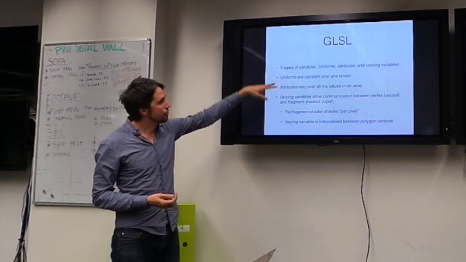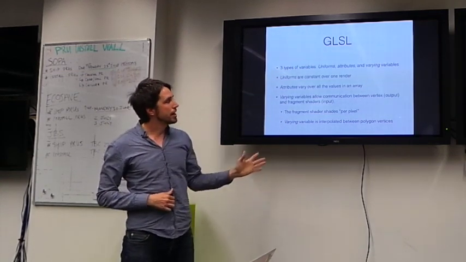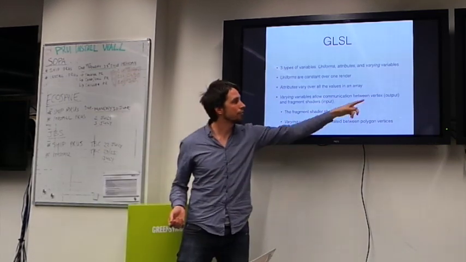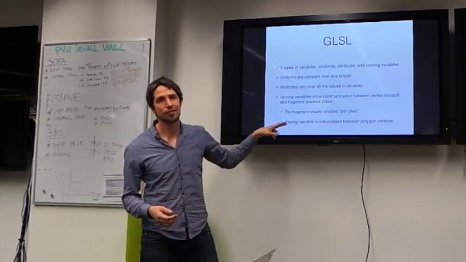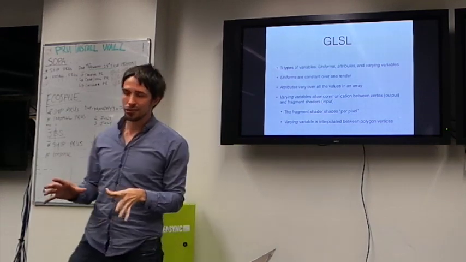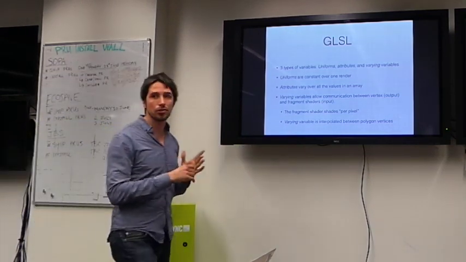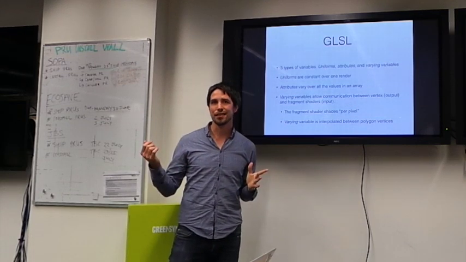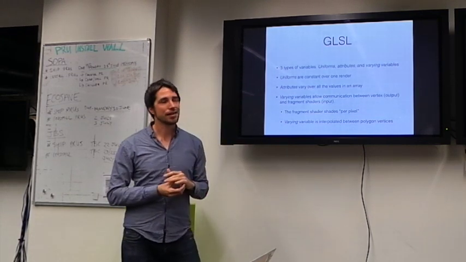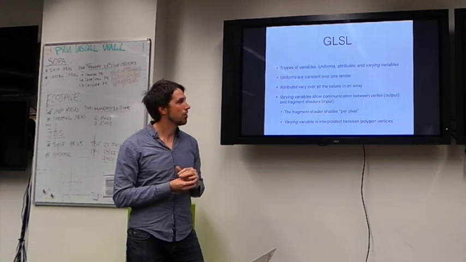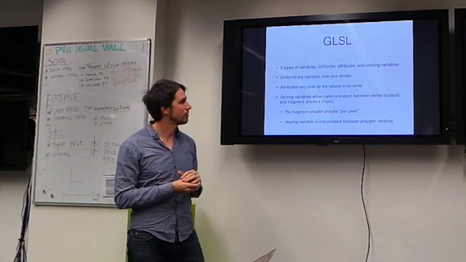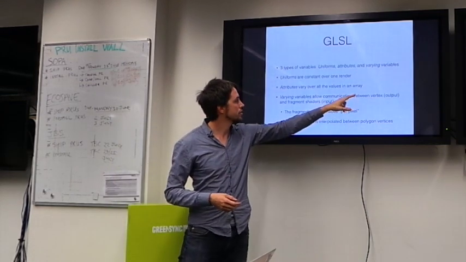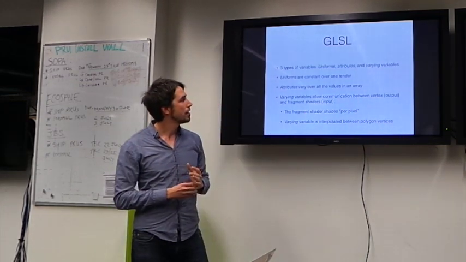And then finally we have these varying variables which allow communication between vertex and fragment shaders. So it's always strictly output from a vertex shader into the fragment shader. And why is this important? Because in order to do lighting, you may want to know the normal of a vertex, okay? And that's something which requires the vertex value. So you basically pass that out of the vertex shader and into the fragment shader.